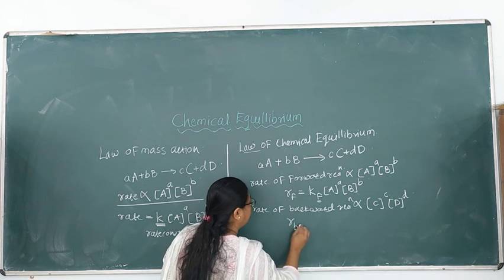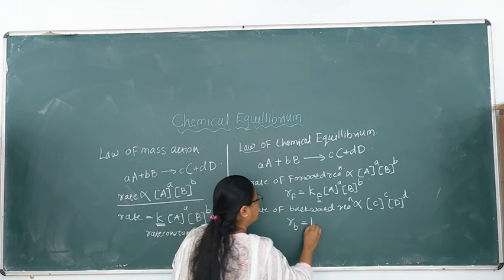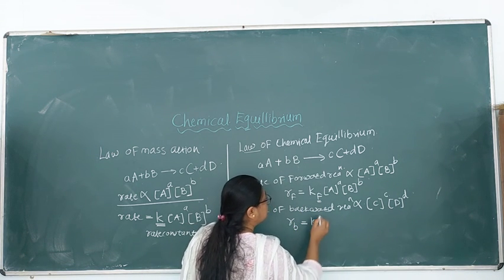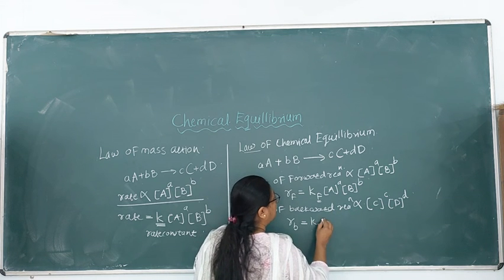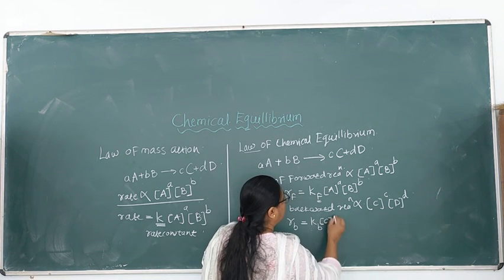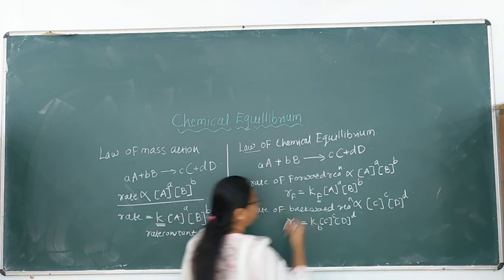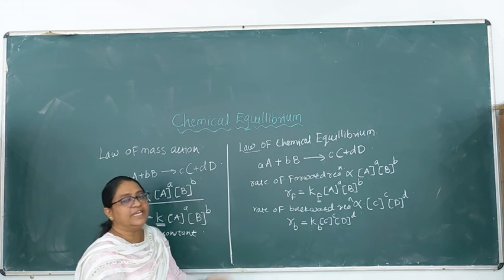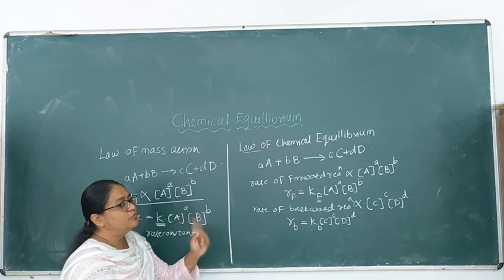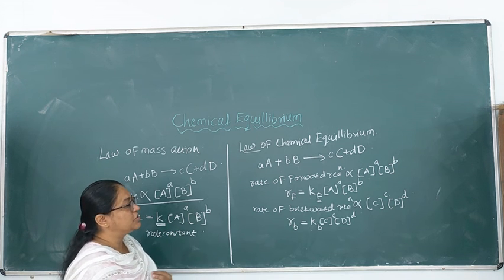Therefore, Rb, the rate of the backward reaction, is equal to Kb, the proportionality constant or rate constant for the backward reaction. So these are the rate equations for the forward reaction and the backward reaction.